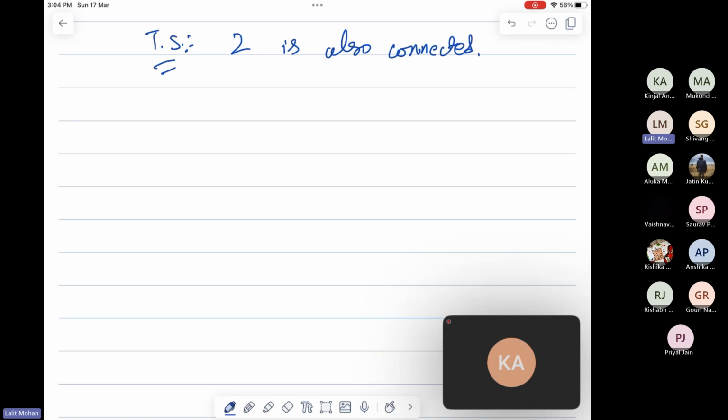So what do you mean by connected space or connected metric space? Any idea? So for connected, we need disconnectedness. So generally we will define what is disconnected, and then we say that if a set is not disconnected, it means it is connected.